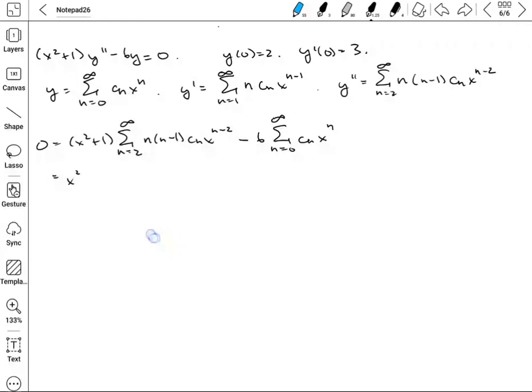So we're going to have to distribute that x squared plus 1 across the series for the second derivative. So we write out the x squared term, and then we go ahead and add on the 1 term. We're just factoring that series into the x squared plus 1. And then that last term is going to be unchanged.